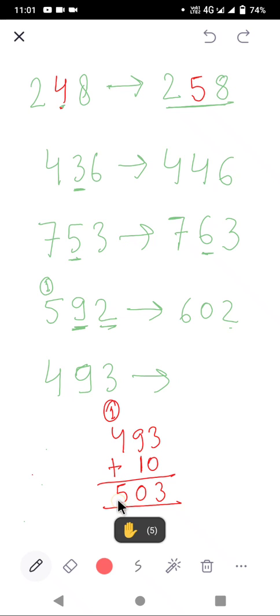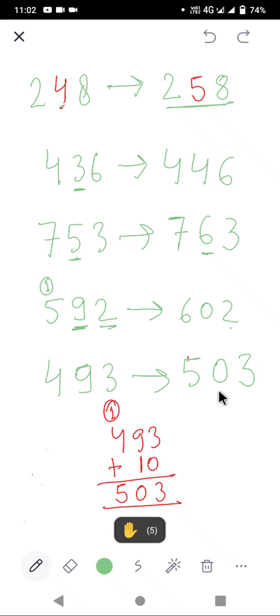So 503. Here in this case, two places have changed, which means the hundreds place digit also changed and the tens place digit also changed.